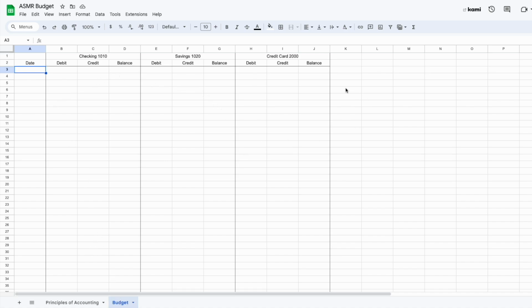So what I have set up here is a worksheet. Let's say that you have a checking account, a savings account, and a credit card. Your checking account and your savings account are assets. It's cash that you can have.